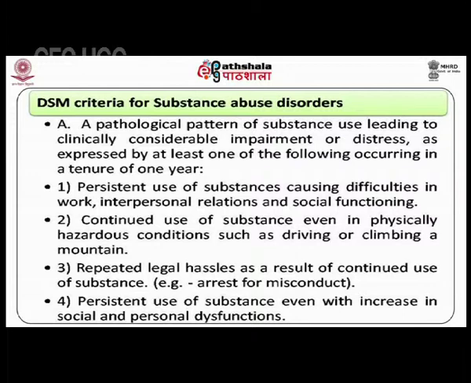Substance abuse disorder: a maladaptive pattern of substance use leading to clinically significant impairment or distress as manifested by at least one of the following occurring within a 12-month period, which includes recurrent substance use that results in a failure to fulfill some major role obligations at work, school and home, recurrent substance use in situations in which it is physically hazardous like driving, recurrent substance related legal problems, for instance arrest for disorderly conduct, continued substance use despite persistent or recurrent social and interpersonal problems caused or exacerbated by the effects of the substance.